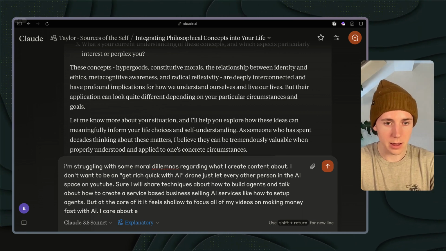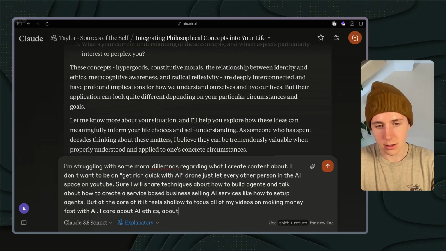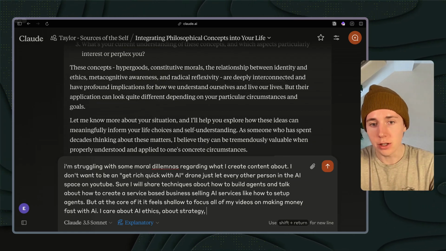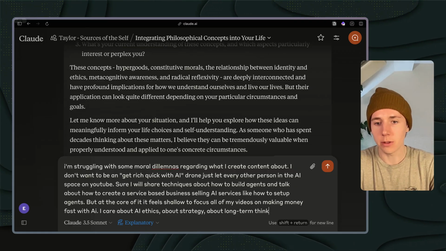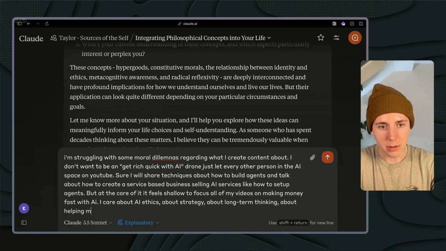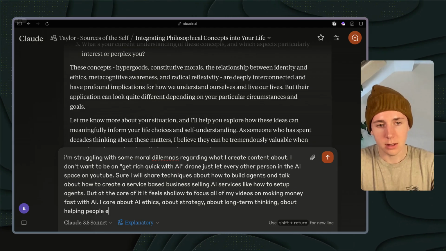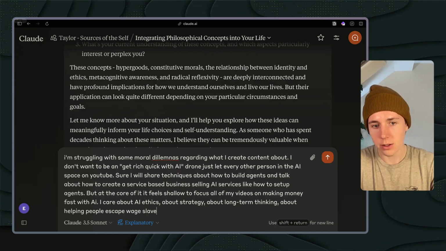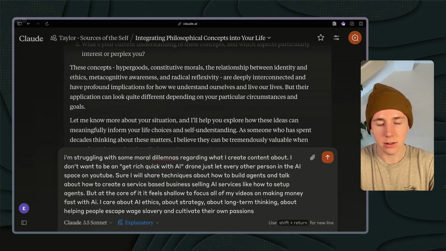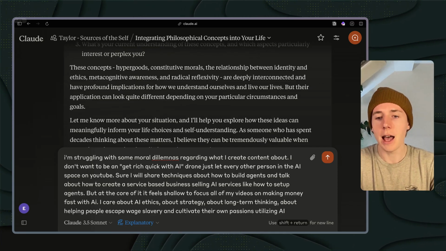I care about AI ethics, about strategy, about long-term thinking, about helping people escape wage slavery and cultivate their own passions, utilizing AI.